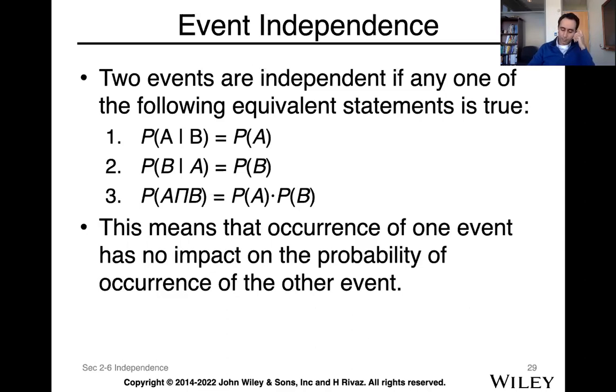So either if P of A given B is P of A, that means that knowing B... It's always important to decode the mathematical equations into English words. So the first line means that knowing that B happened will not change the probability of A. What is an example of that? Let's say A is a second flip head and B is the first flip head.